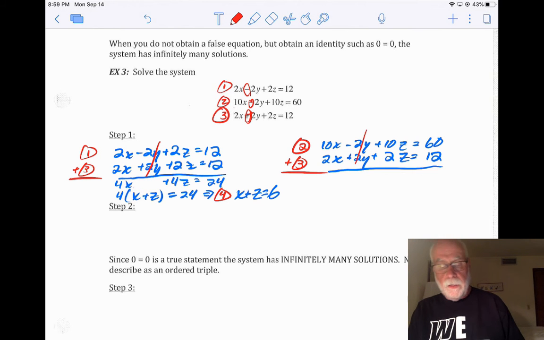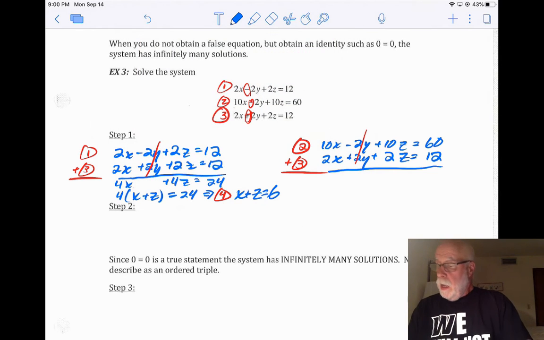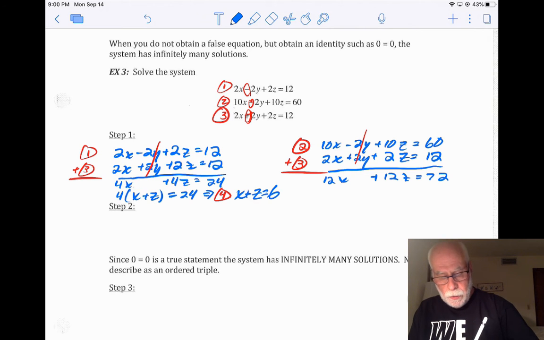Again, minus 2y plus 2y goes away. So I'll have 12x plus 12z is equal to 72. I'll tell you on this one, same thing.